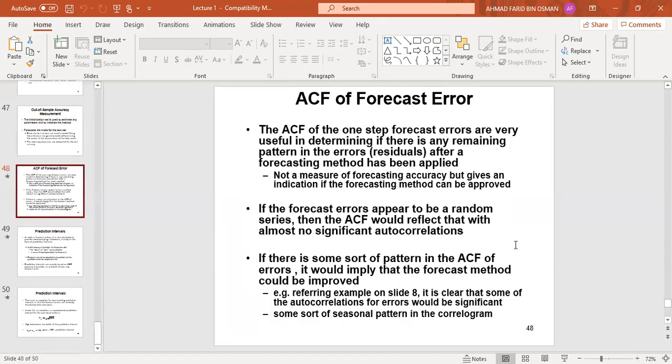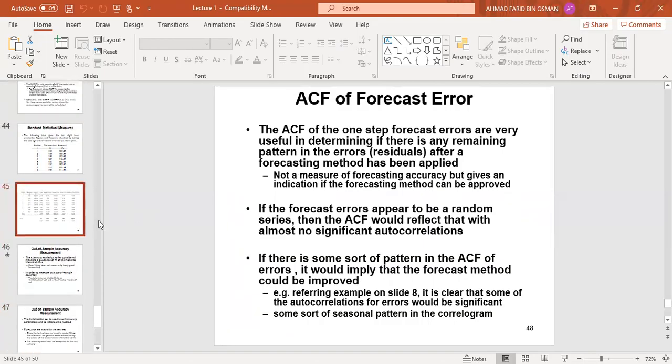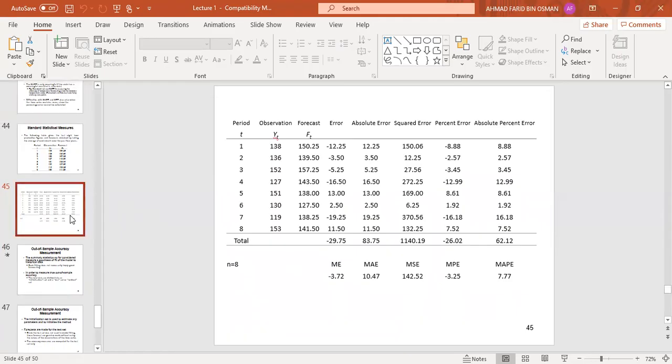So if there is some sort of pattern in the ACF of the error, it would imply that the forecast method could be improved. Referring to the example we considered just now, it is clear that some of the autocorrelation for errors would be significant. It's possible that some seasonal pattern is present in the correlogram. When you produce the ACF, it seems there will be a high autocorrelation between the current error and the error at lag 3.